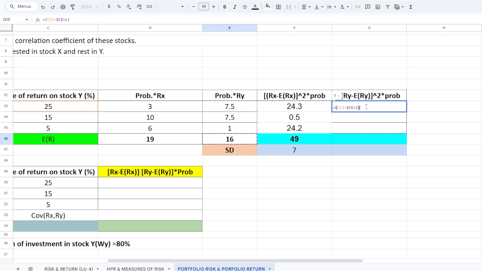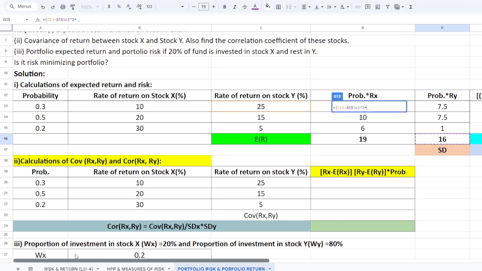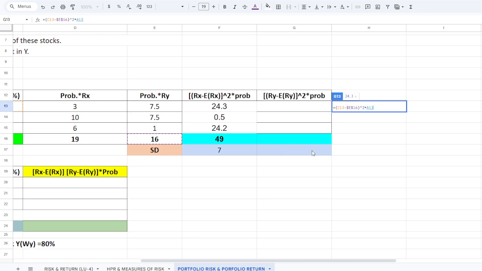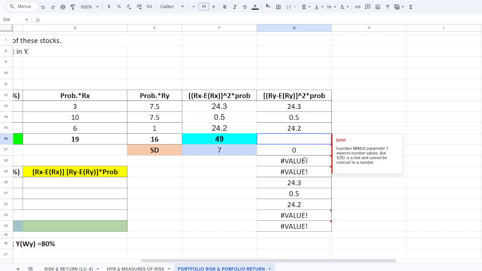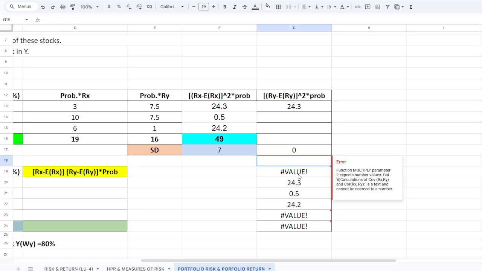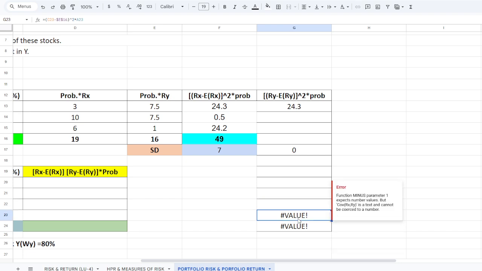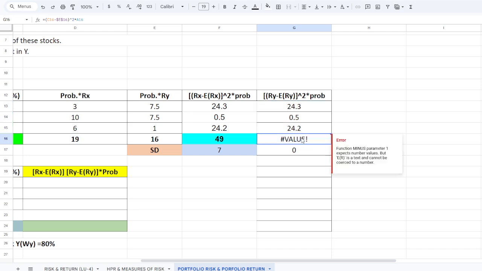Then the whole thing to the power of square, into probability again. You have to be careful while calculating the value. Now drag it. Because I already defined the equation, I can drag it.